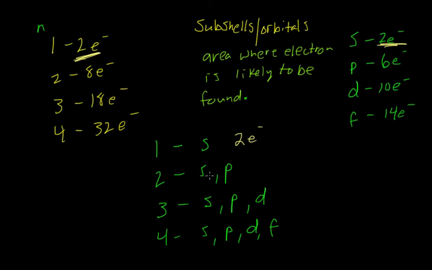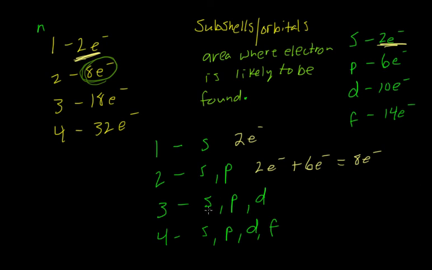If we go to the second energy level, we have another S, which can hold 2 electrons, and we also have a P. A P can hold 6, so that's 2 electrons plus 6 electrons, which gives us a total of 8 electrons, the same number that we have right here. So this is where this 8 comes from.